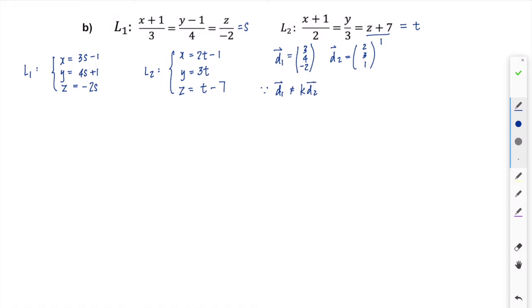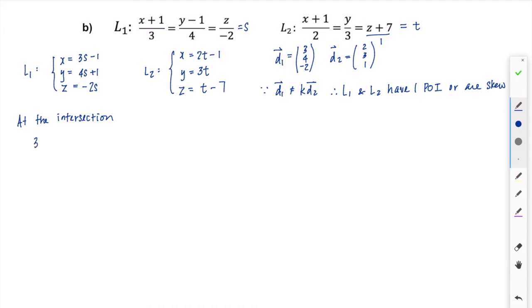Once again, L1 and L2 have one POI or are skew lines. Okay? So once again, assuming they intersect.